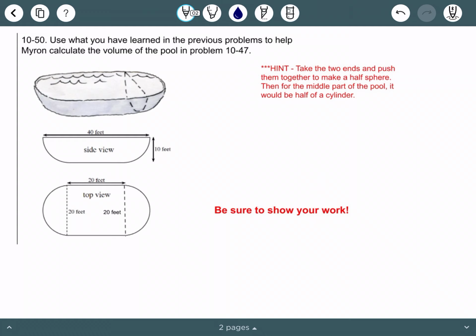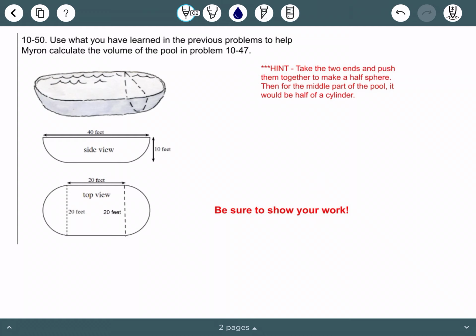They give us some measurements here. So they tell us all the way across the pool, the length of the pool is 40 feet. And it looks like the entire depth is 10 feet.